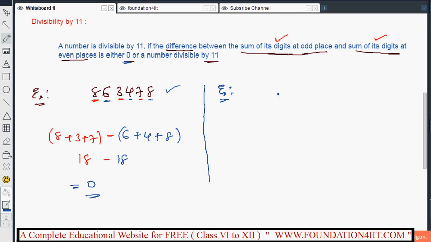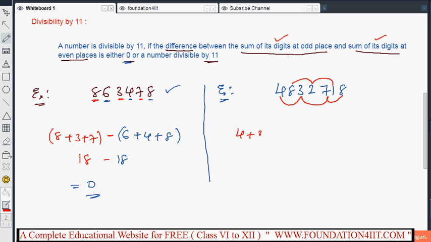One more example let me take. 4832718. Now this is 48,32,718. Now the sum of its odd places and even places: 4, 3, 7, 8 are the odd place digits, and 8, 2, 1 are the alternate places, the even place digits.